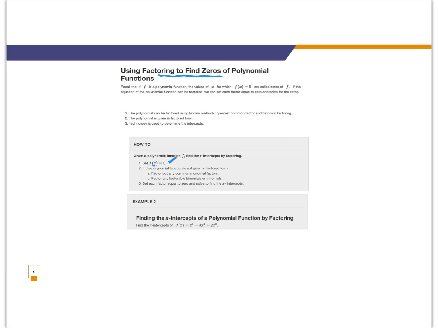That would be like you see something in parentheses, something in parentheses, something in parentheses. It could be an x plus 1, an x minus 2, an x minus 4. You see the point? That could be my function. It's factored already.